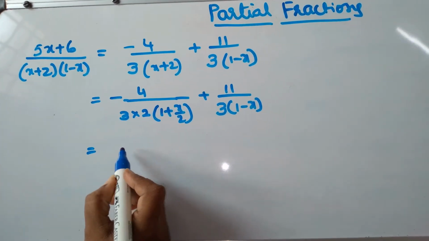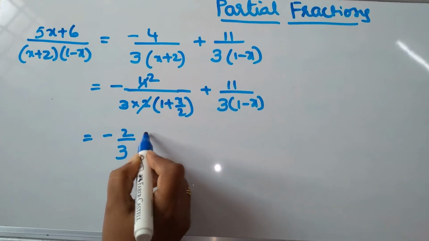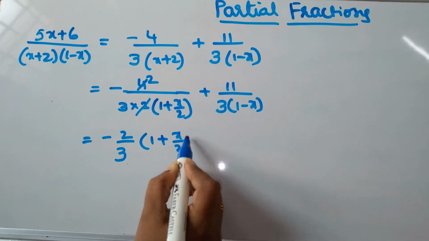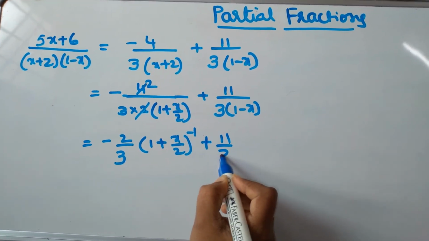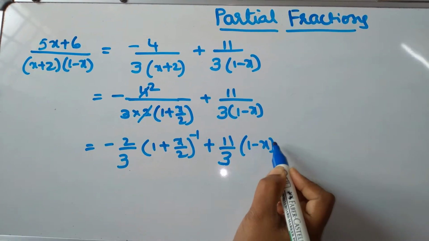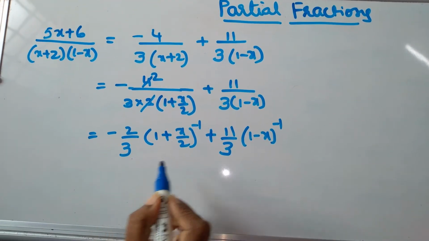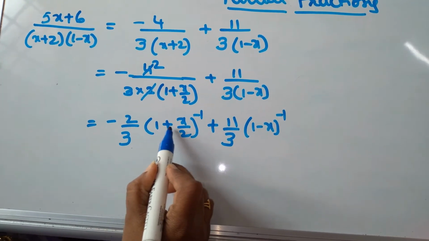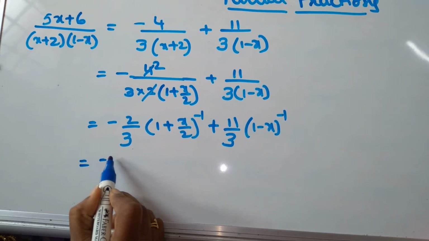So we get minus 2 by 3 into (1 plus x by 2) whole power minus 1 plus 11 by 3 into (1 minus x) whole power minus 1. In binomial expansion, we have learnt already how to expand this (1 plus x by 2) whole power minus 1. Let us do that.